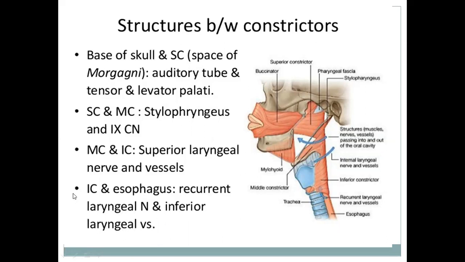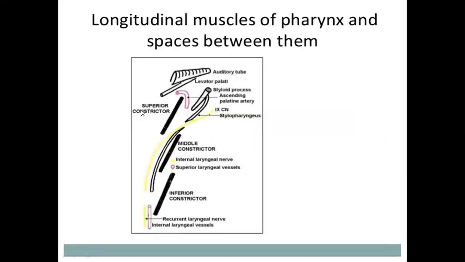So these are the structures that enter between the constrictors. So this is between the pharyngobasilar fascia and superior constrictor. In the lateral wall, the auditory tubes are entering. This is levator veli palatini. This is palatine artery. In between the superior constrictor and middle constrictor, this is the stylopharyngeus muscle, and this is the glossopharyngeal nerve entering.